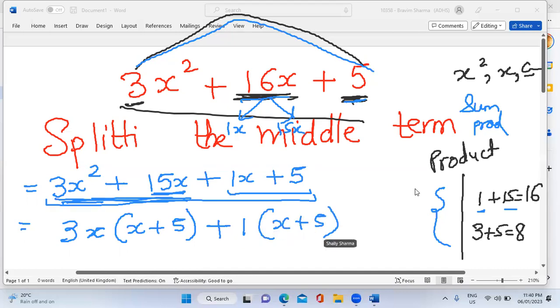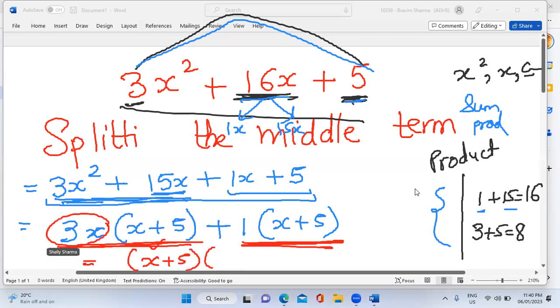Now we have 2 terms, one is 3x times x plus 5 and another is 1 times x plus 5. Out of these two terms, we can take x plus 5 common. Then 3x will be left from the first term and plus 1 will be left from the second term, and this completes the factorization.